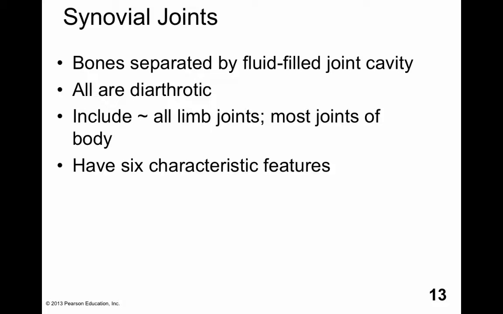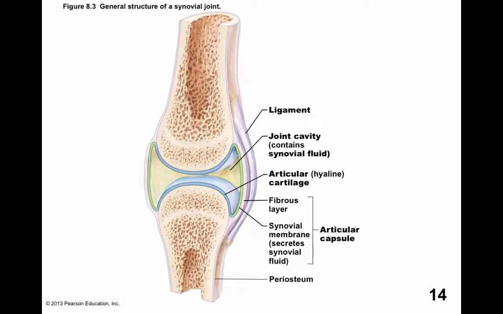They are movable. So this includes all limb joints and most joints of the body, and there are 6 characteristic features that we're going to talk about here. So here's a perfect example of a synovial joint, and let's look at all the different parts here.